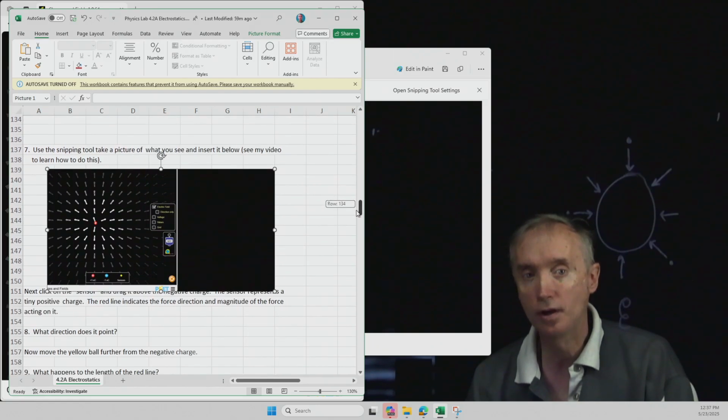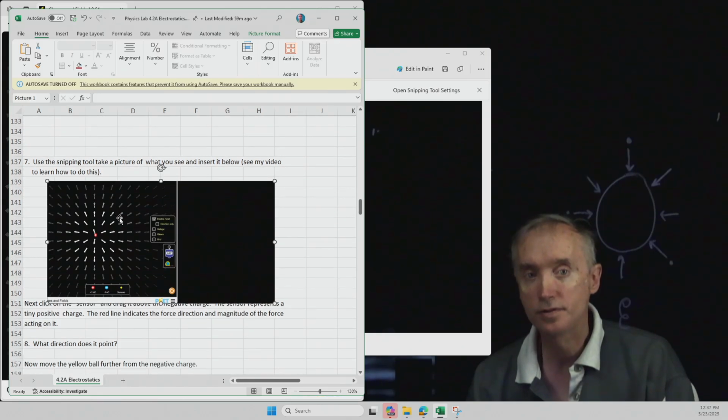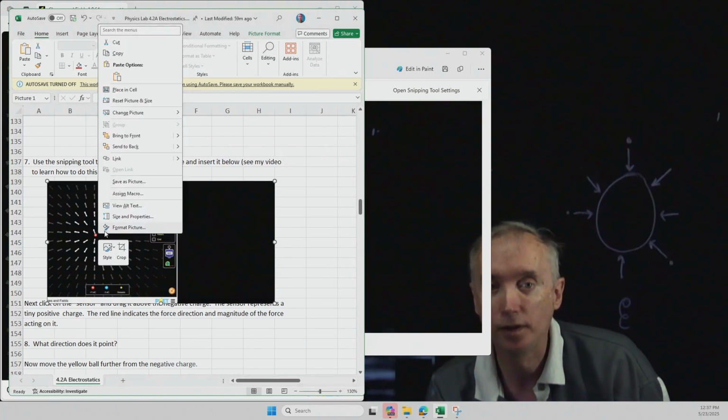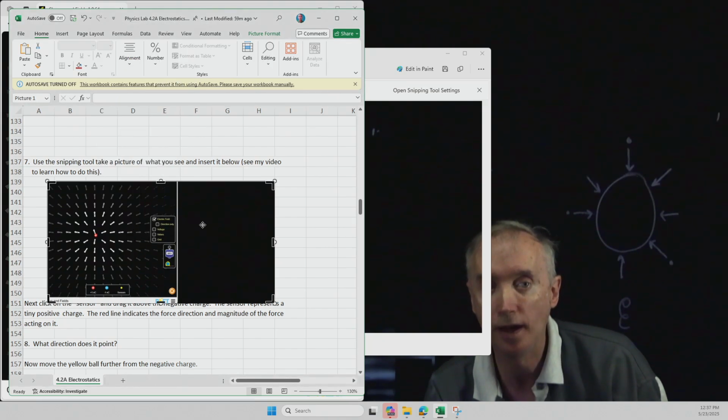Now we could also crop it. If you do a right click on this thing, you can crop it. Down here at the bottom it says the word crop, and then I'm going to click on that.